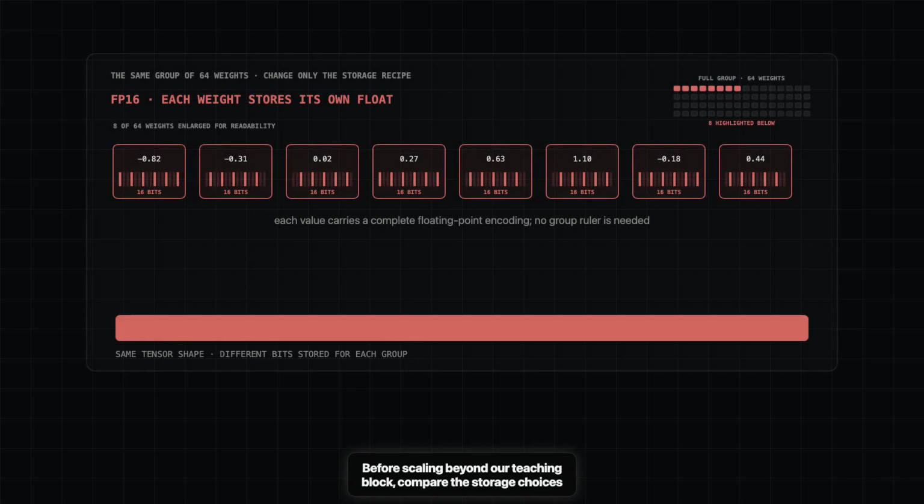Before scaling beyond our teaching block, compare the storage choices directly. Keep the same tensor shape and the same weight positions, and change only what bits are stored at those positions. In FP16, every weight carries its own 16-bit floating point encoding. This is our larger baseline without shared Q4 style codes or a local group ruler.